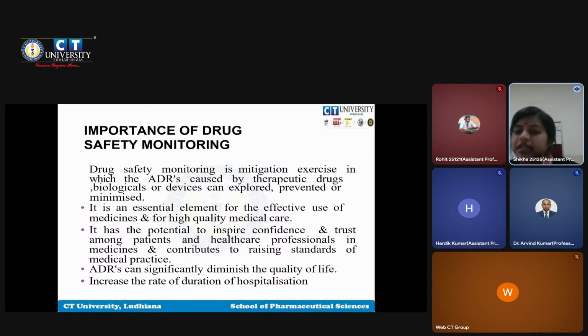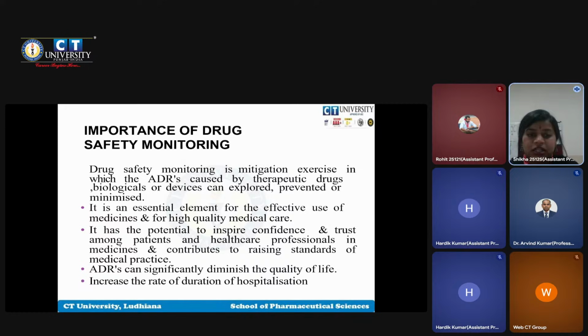Any unintended or noxious effect due to the drug at normal doses is called ADR. So any ADR which was expected from the devices, the biologicals or anything, that was explored and prevented.